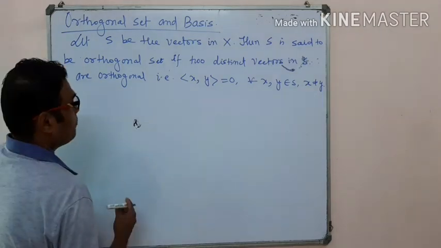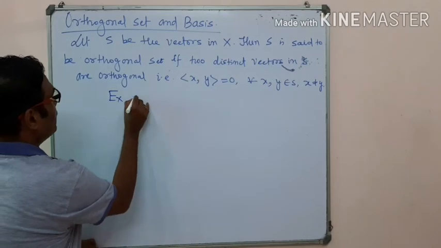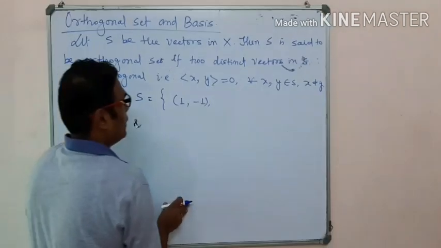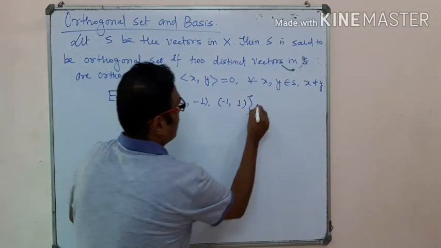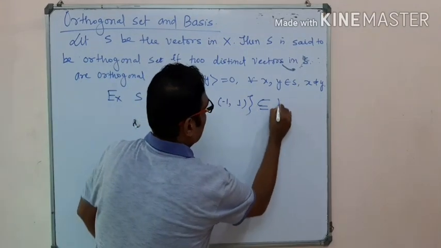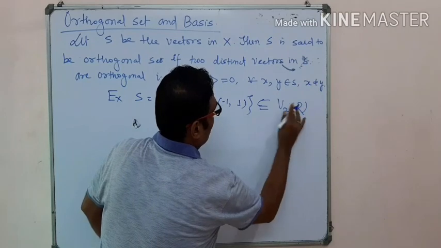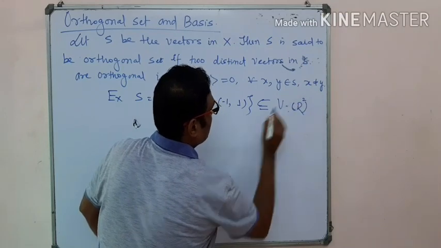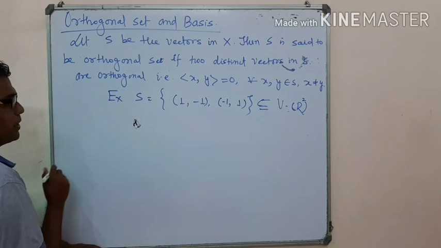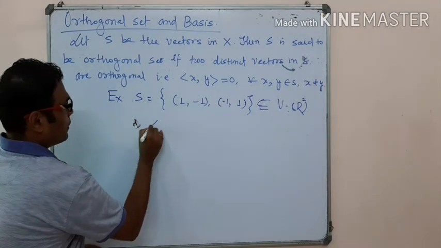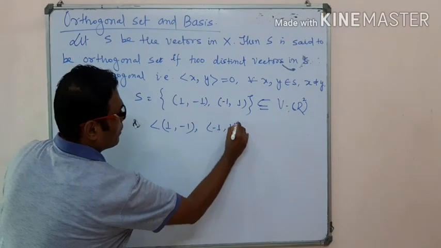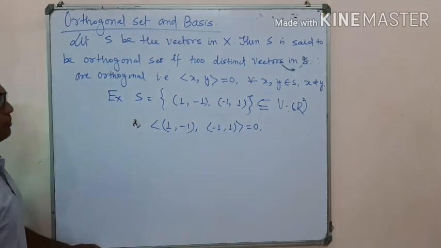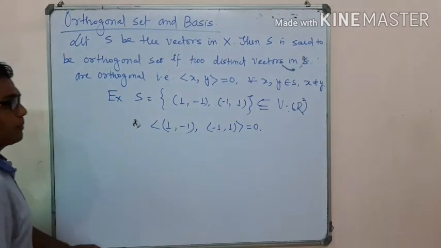Take the set S with first element (1, -1) and second element (-1, 1), which is a subset of R square with the Euclidean inner product space. Then the inner product of (1, -1) with (-1, 1) is equal to 0. We observe that x is not equal to y here.